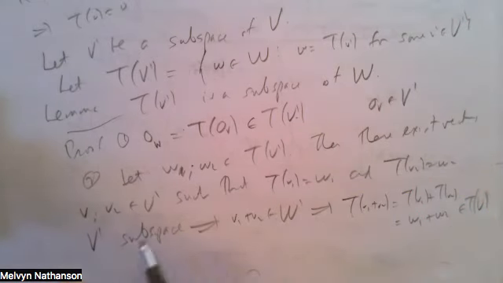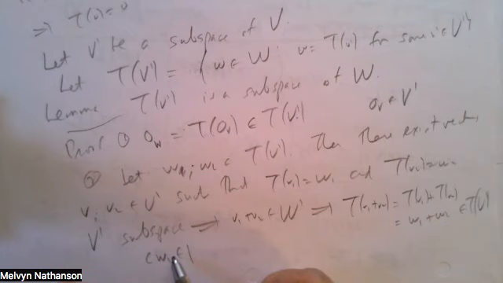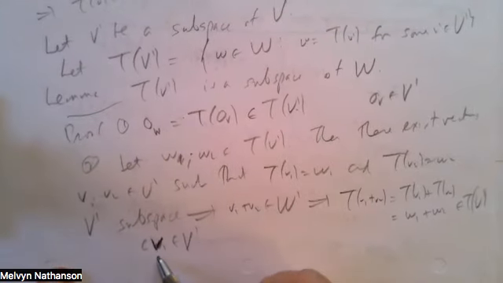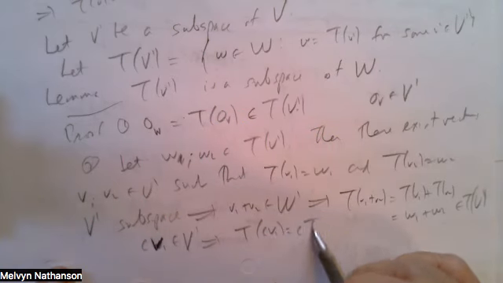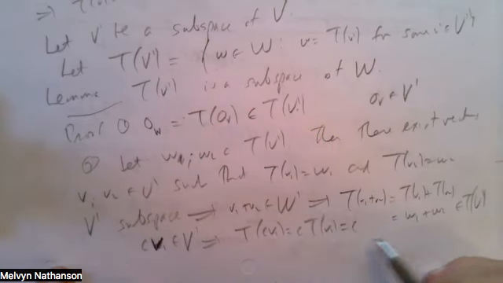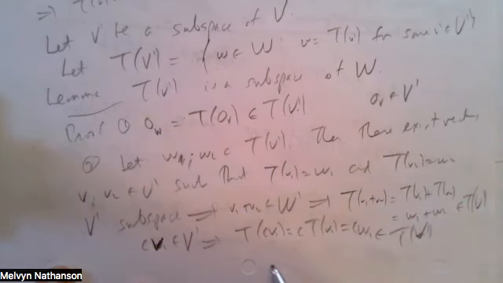And C times W1 is in T of V prime. C times V1 is in V prime because V prime is a subspace and is closed under scalar multiplication. So T of CV1, which is C times T of V1, which is C times W1, is in T of V prime, the image of the subspace.